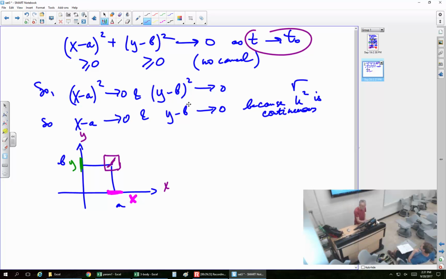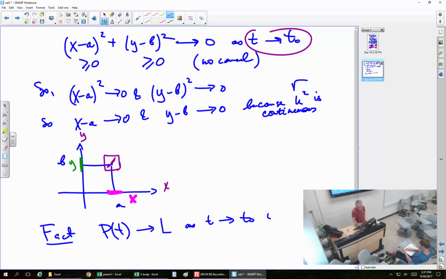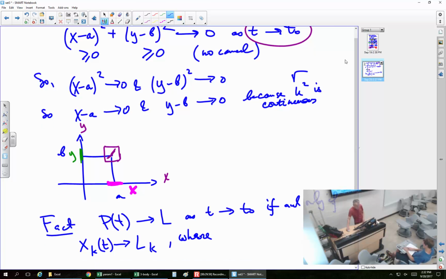Okay, so let me state this explicitly. P of t goes to L, standing for the limit as t goes to t naught, if and only if x_k of t is going towards L_k, where these are the component functions.